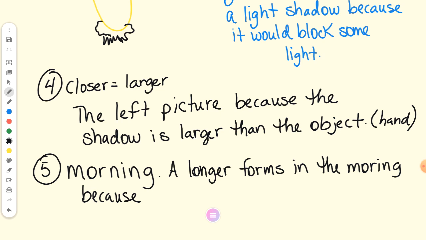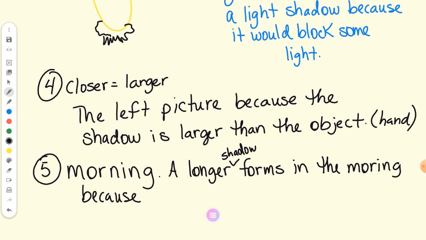A longer shadow forms in the morning because why? We have to say something about our light source, but we have to put it into words that make sense when we're talking about that light source. Carter? The sun is lower in the sky. Do we talk like that? Do we say the sun is low in the sky?